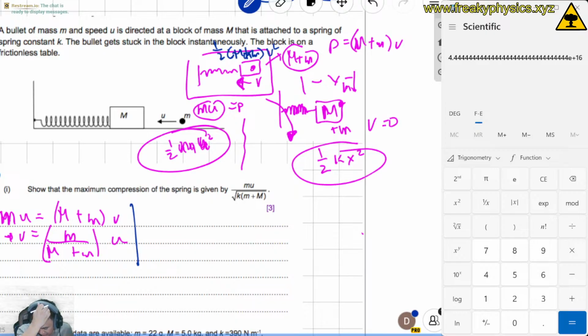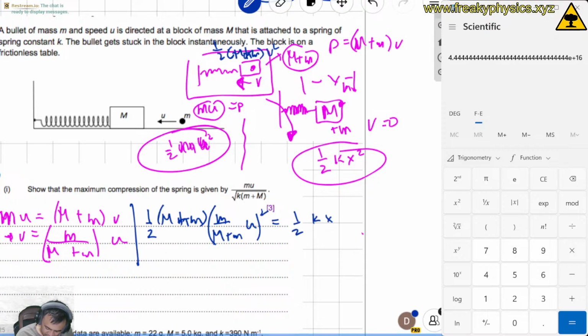All right. So what do we do here? We do now 1/2 combined mass times velocity. Our velocity though is m over m plus m times u, but you square that, and that's going to be equal to 1/2 kx squared. So from here we move stuff around. This m plus m cancels out with 1 because of the square here. We're still left with 1 m plus m. This 1/2 cancels out.